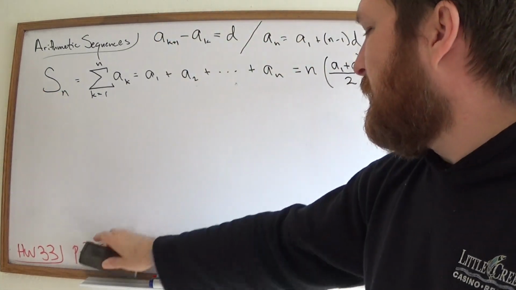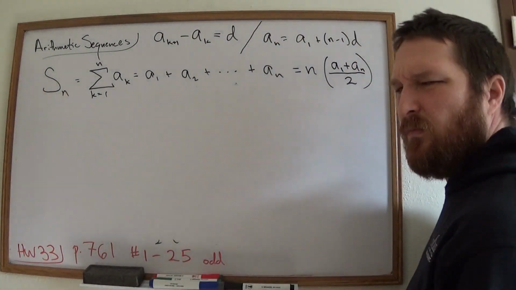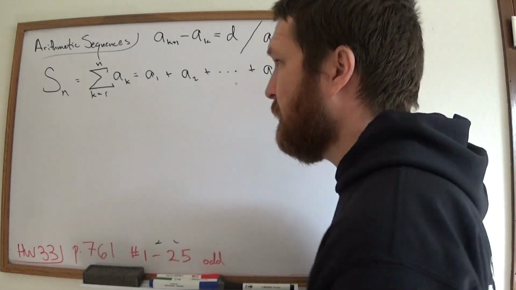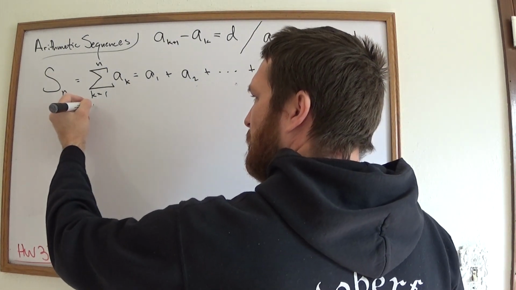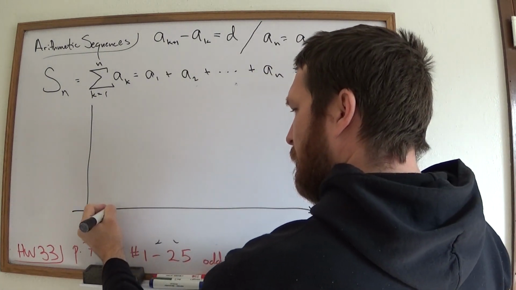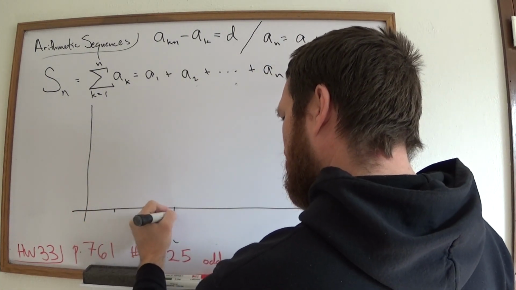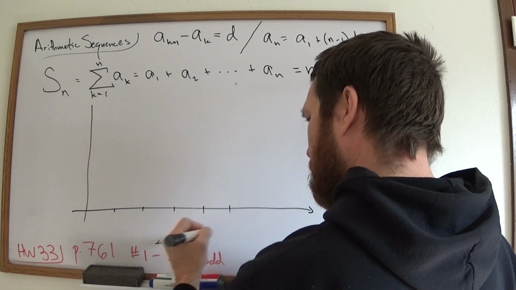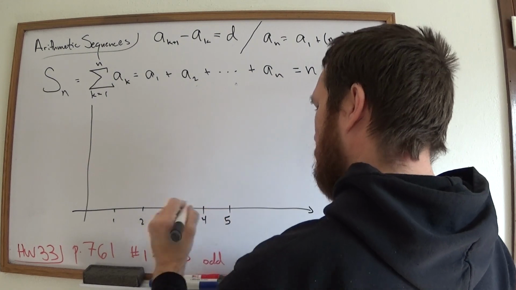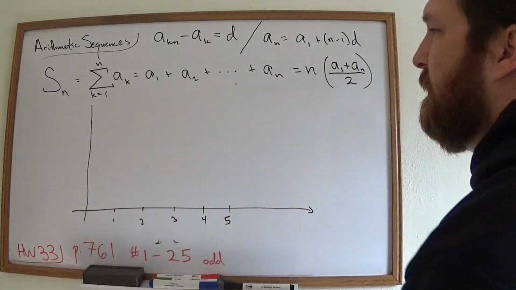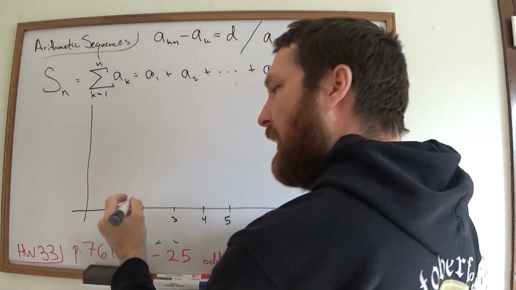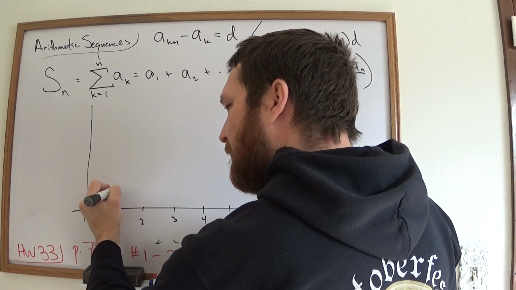If we think about this arithmetic sequence as a function, which we did define all sequences as functions, right? Let's just think about what's going on here. So, an interesting thing about the sequence being arithmetic. Here's 1, here's 2, here's 3, here's 4, and let's just say we're going to do 5 terms. We want the 5th partial sum. Since it's arithmetic, it has a nifty little property.